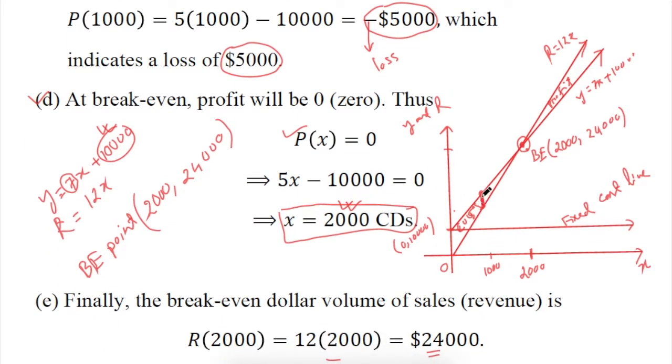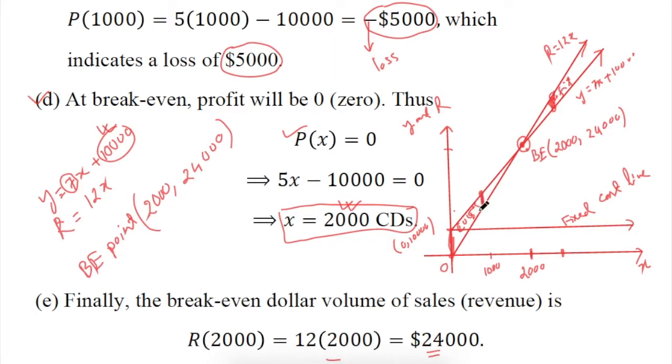So this amount will be 5000. And if there is no production, then the fixed cost will be the total loss. And when the company produces more than 2000 CDs, for example, let's say 3000 CDs, then there will be a profit of this amount. R minus Y will be the profit.